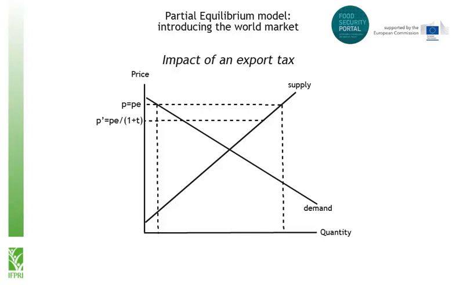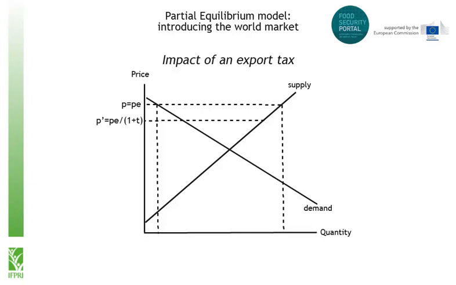For example, if you've got a world price of 100 and a tax of 30%, the local price is equal to 100 over 1.3, which is something like 77.